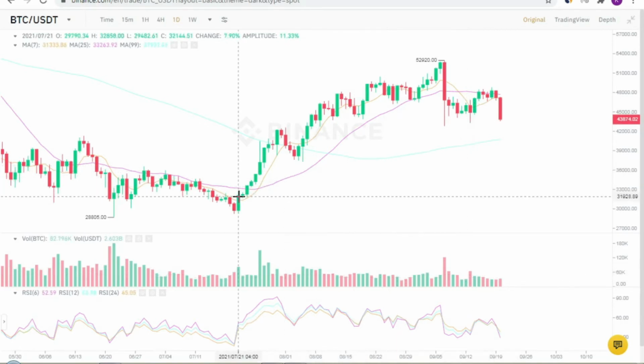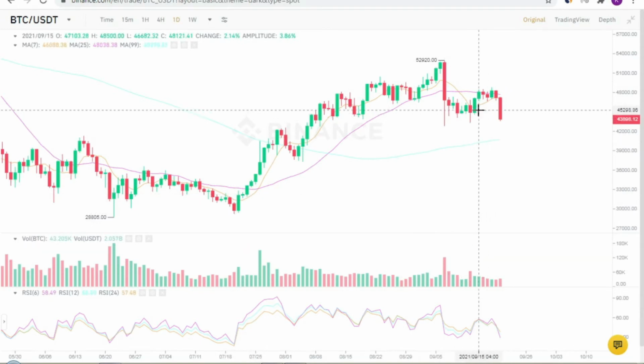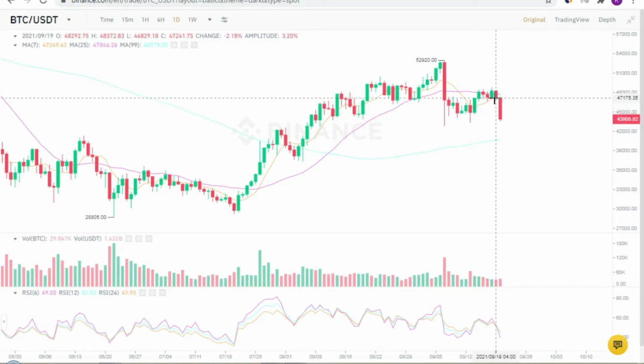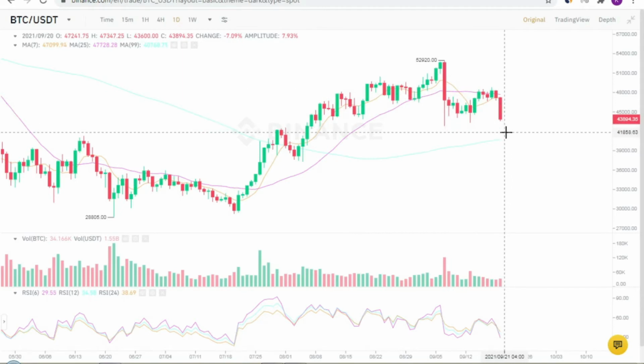So if Bitcoin is rising, like here, but you see that the volume is reducing like this, then this is not a strong trend. And once it's not strong, it means that this price going up can easily turn and come down.